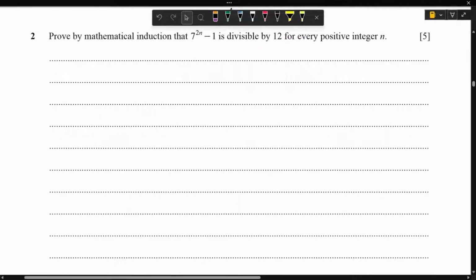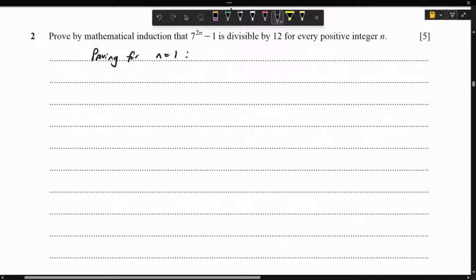On number 2, the question says, prove by mathematical induction that 7 to the 2n minus 1 is divisible by 12 for every positive integer n. Alright, so I am going to start by proving for n is equal to 1.